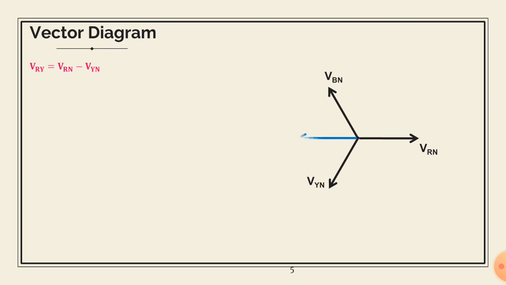We draw the opposite vector for minus. Now we have VRN and minus VYN. If you draw the resultant vector using a parallelogram, you will get the resultant vector VRY. Yes, this is the resultant vector VRY.